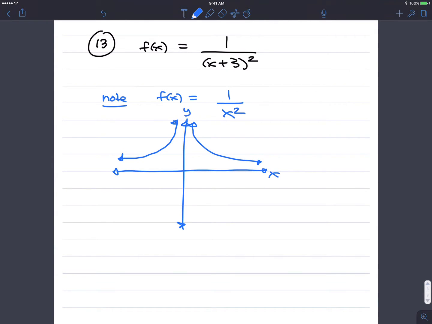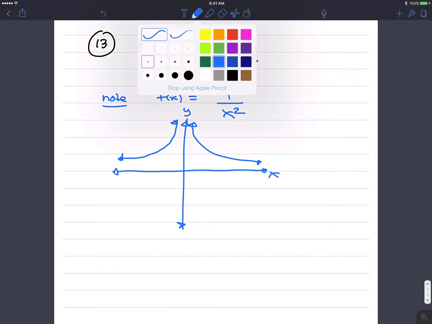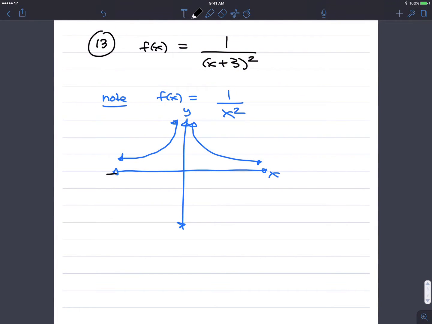x-axis, y-axis. Again, we have these asymptotes, both vertical and horizontal. We never cross these lines. Is this function 1 to 1? No. How do you know it's not 1 to 1?